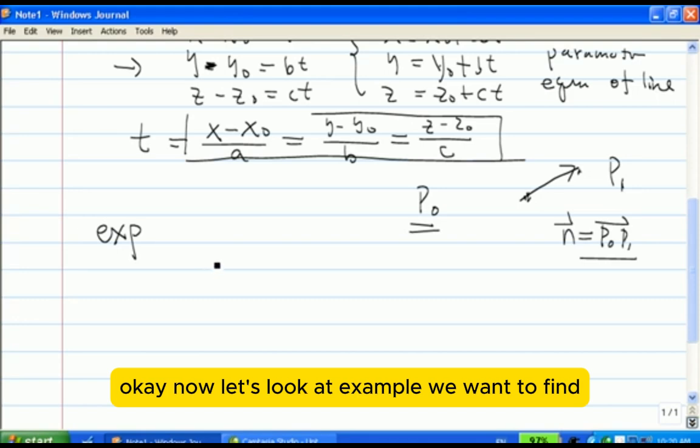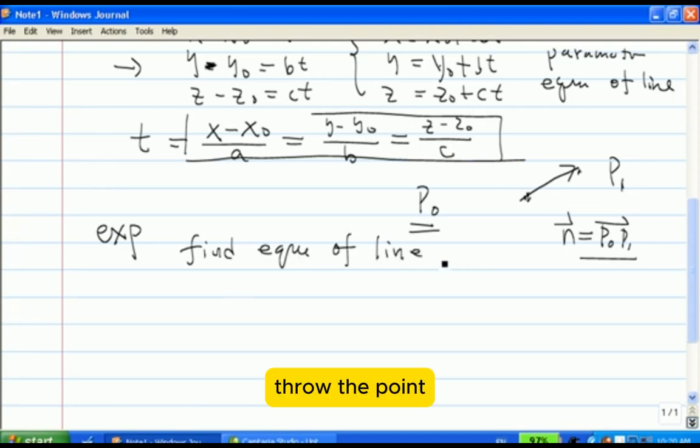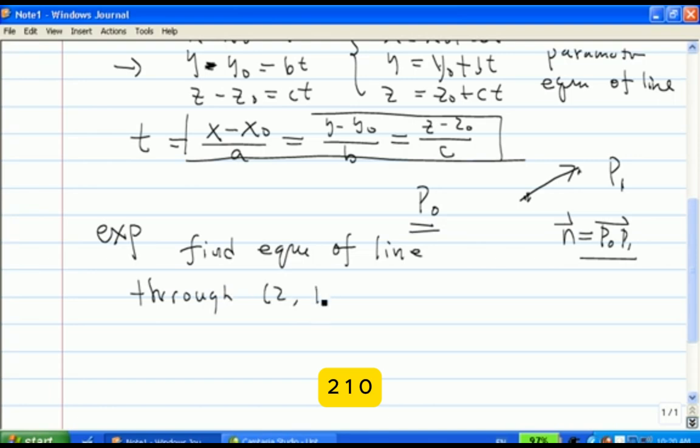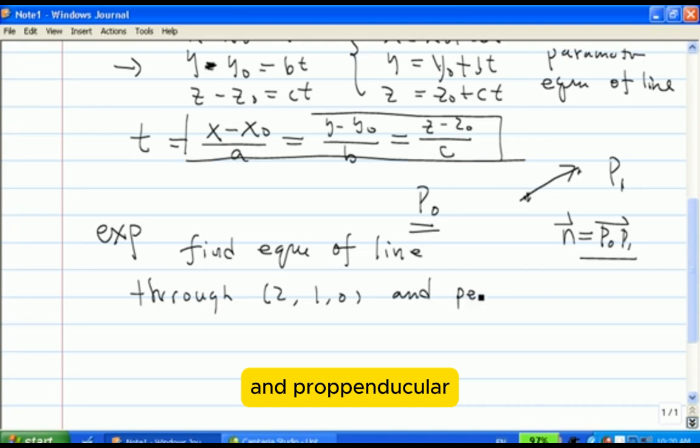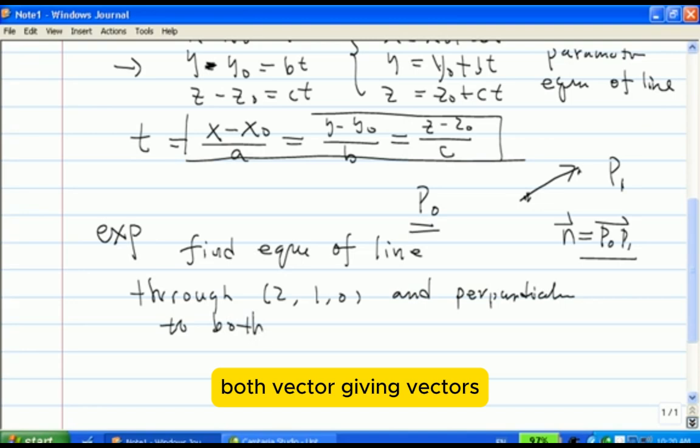Okay, now let's look at an example. We want to find the equation of the line through the point (2, 1, 0) and perpendicular to both given vectors.